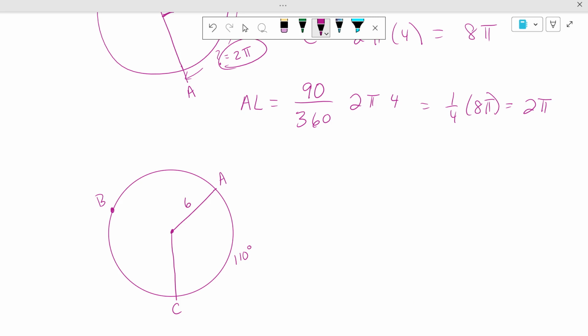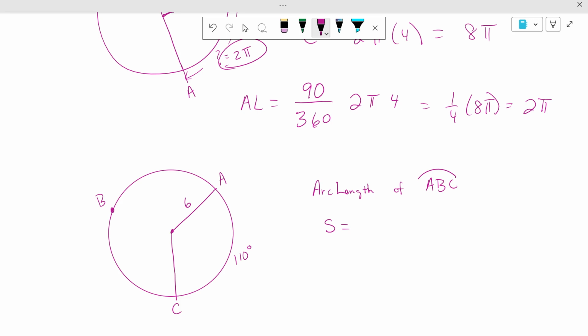The radius is 6. I want to know what the arc length of arc ABC is. What's the arc length of arc ABC? The long way around. All right, so arc length is S. Why they use S? I don't know. But arc length is S.